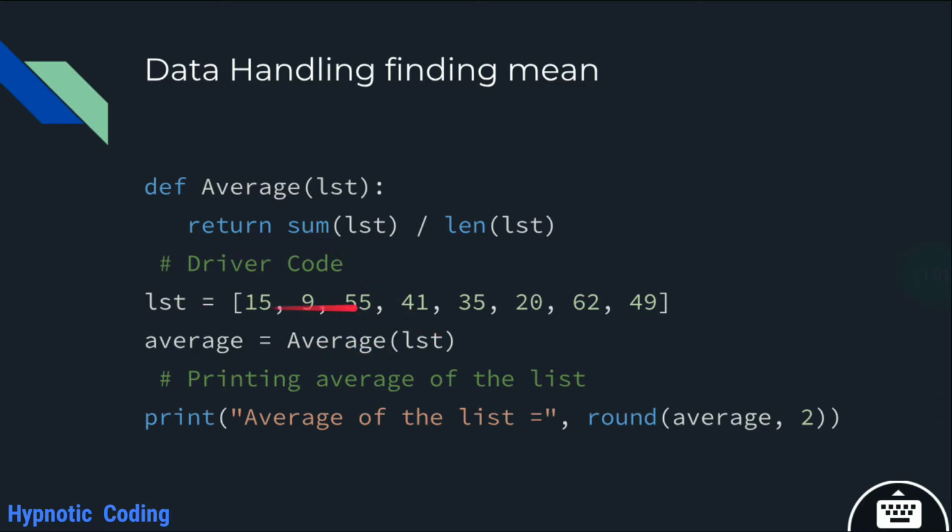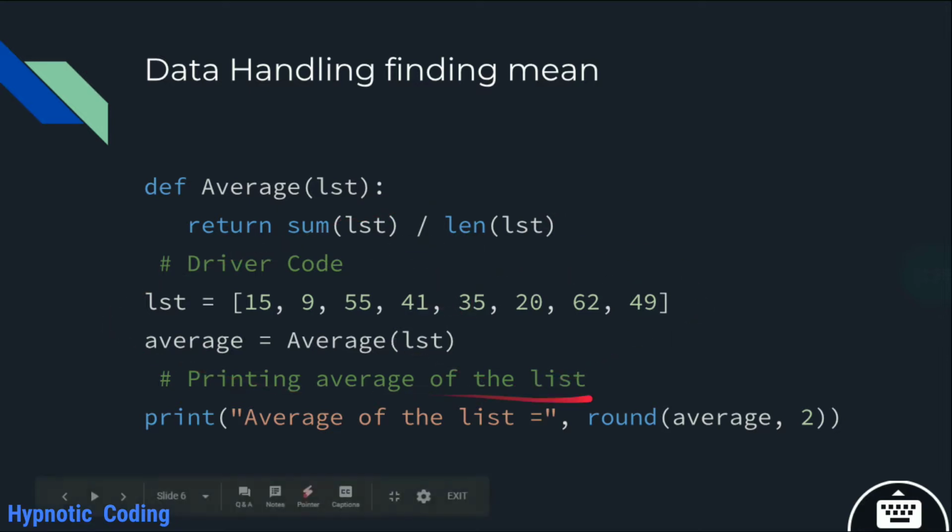So this list will be passed to here, and then it will come to here and just sum the list. So 15 plus 5 plus 55 plus 41 plus 35 and so on, and then it will divide by the length. So 1 2 3 4 5 6 7 8. Okay, it's 8. So it will divide the sum of all the numbers by the length of all the numbers.